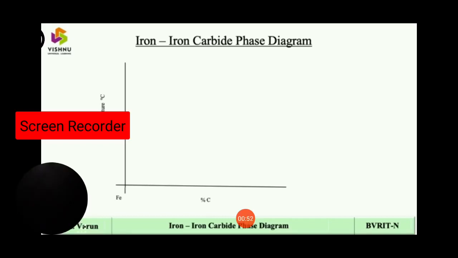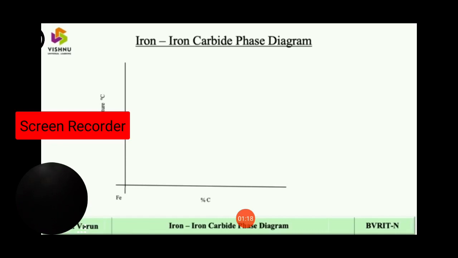Now I hope you all have remembered that solid solutions mainly take place in two forms, one in the interstitial solid solution type and the other in the substitutional form. Now in the iron carbide phase diagram, the carbon elements are in the interstitial positions of the iron crystal lattice structure.